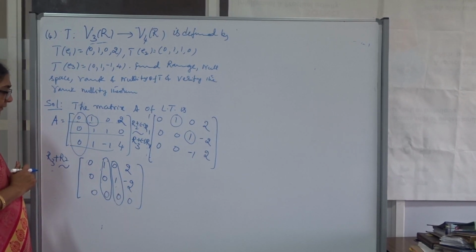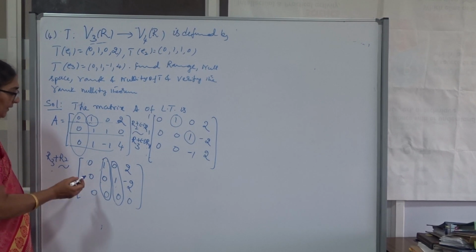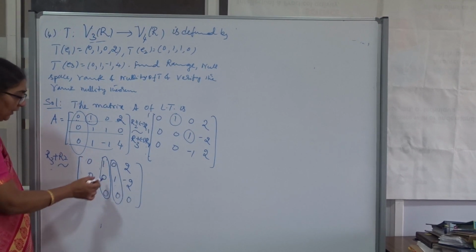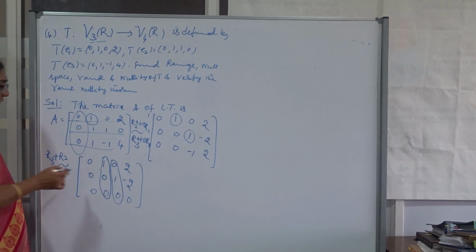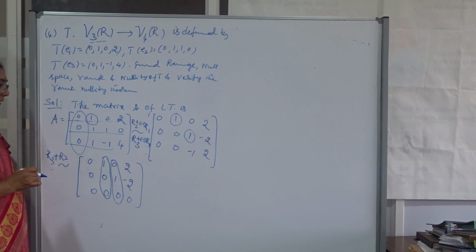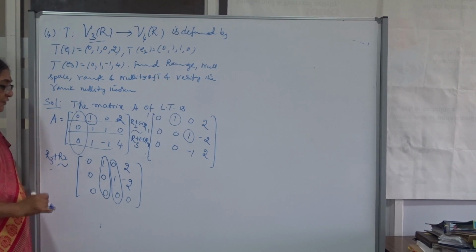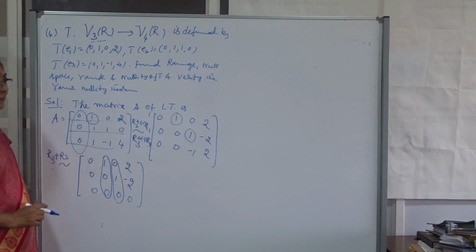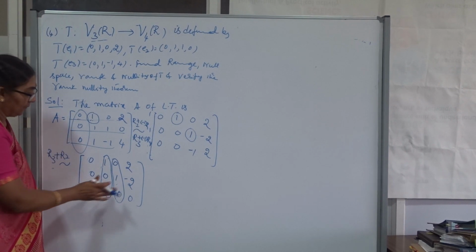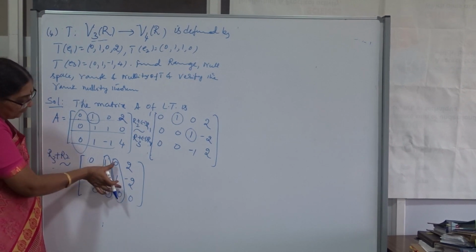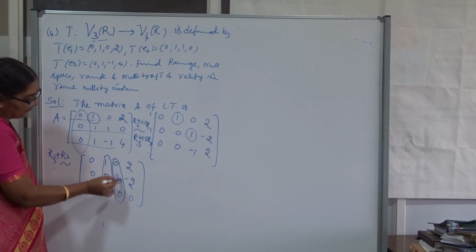You already know that. That's why, as I told in the previous problem so many times, when the number of rows is not equal to the number of columns, before finding the rank or range space you have to convert to row reduced echelon form. Here, this is a pivotal column, except the pivotal element the rest of the values are 0.